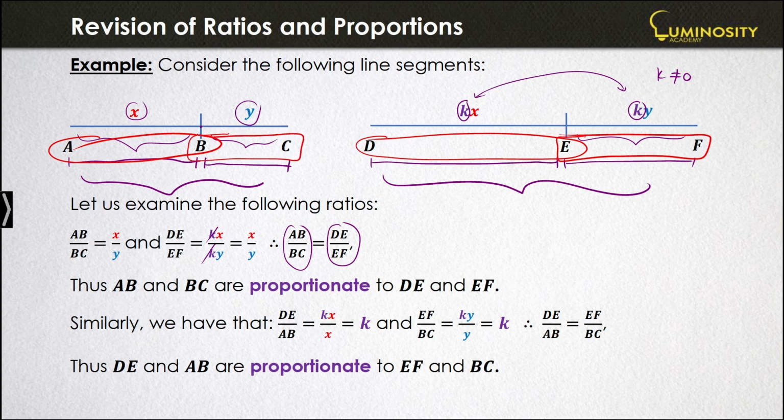DE over AB, that's KX over X. Again, we can assume these lengths are all non-zero, otherwise we wouldn't have any lengths here at all. Then those will divide and you're left with K. And then EF over BC, that's also KY over Y, and you're left with K. So we say that DE to AB is in the same proportion as EF is to BC.